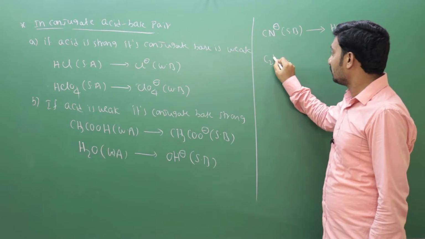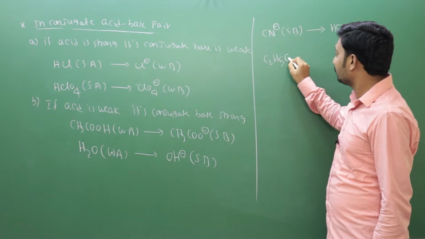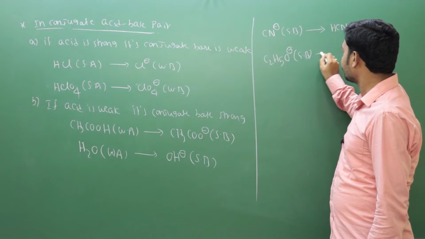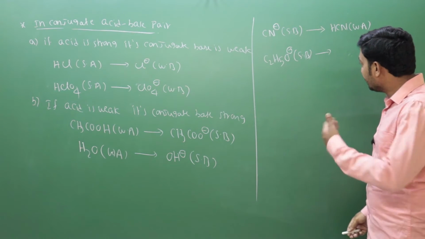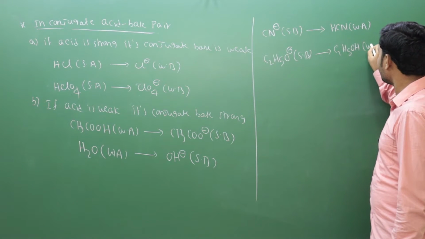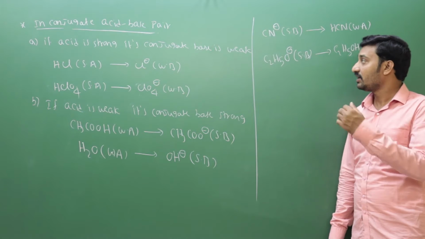Next, C2H5O minus, a strong base, its conjugate acid C2H5OH, a weak acid.